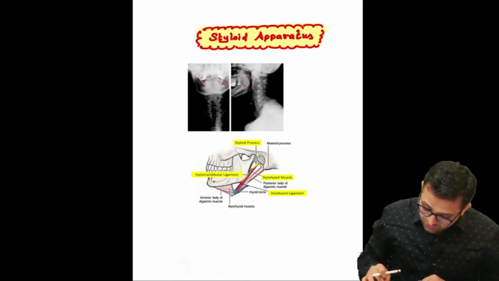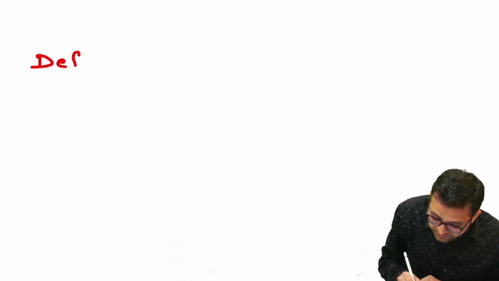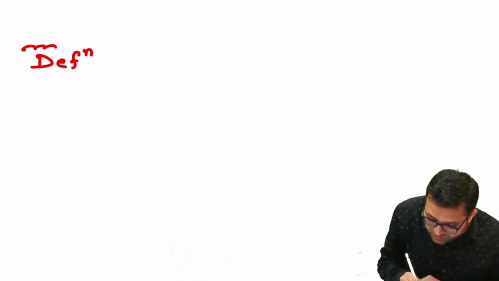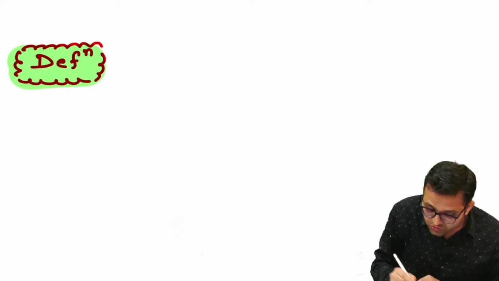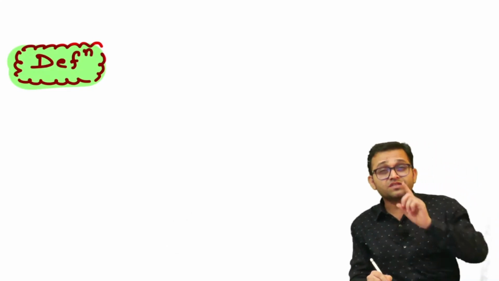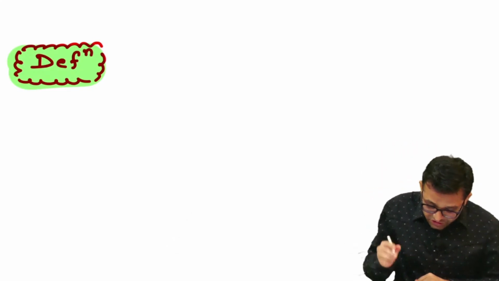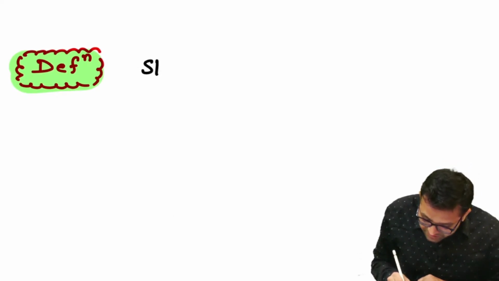Okay. So first of all, for the first MBBS students, you have to define. So what is the definition? You can write down, you can prepare the notes. Definition. So what you have to remember? Styloid apparatus is nothing. Break the name and get the idea.